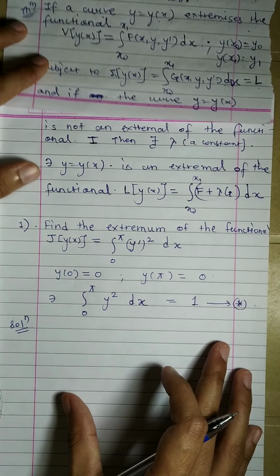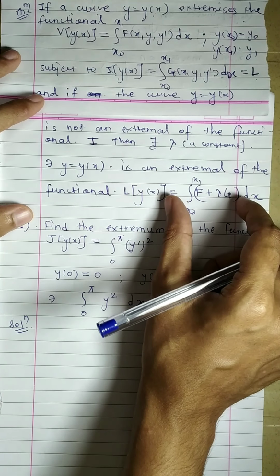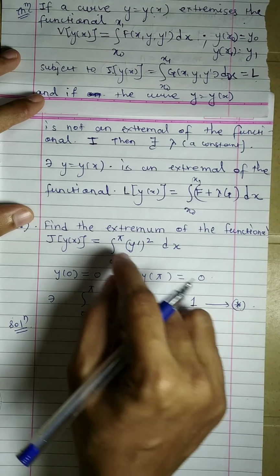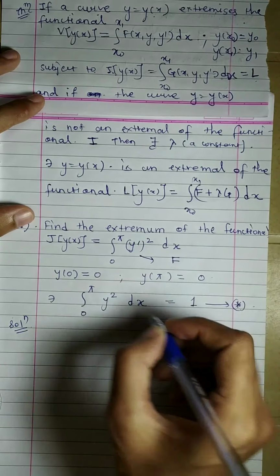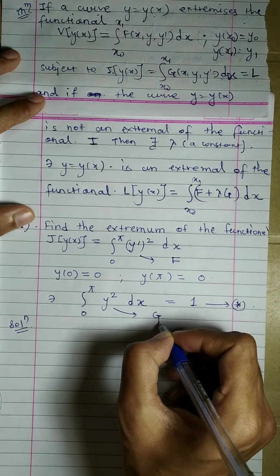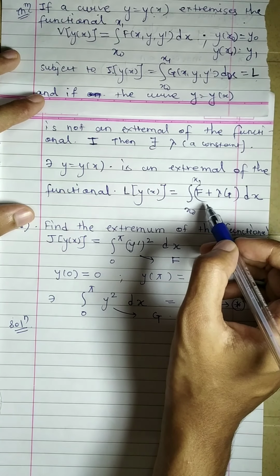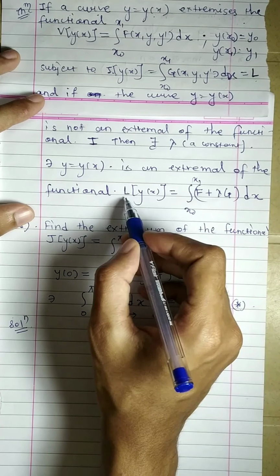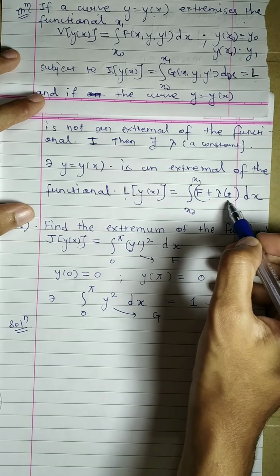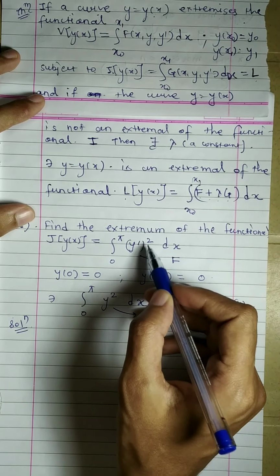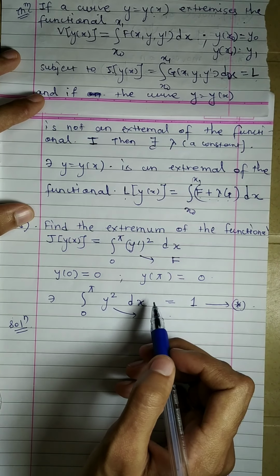So what we will be looking for is the extremal of this functional. From this it's clear that this is equal to capital F and this is equal to G. Therefore the integrand of the functional L will be F plus lambda G, that is, y dash square plus lambda times y square.